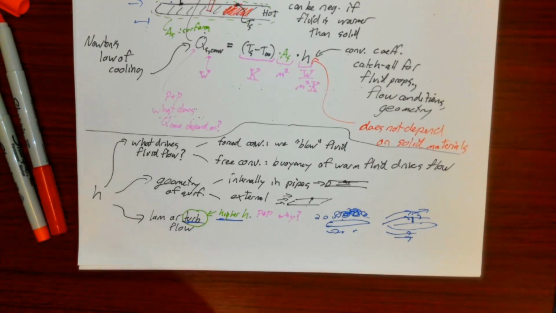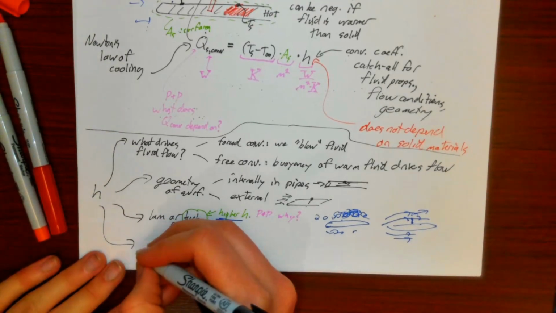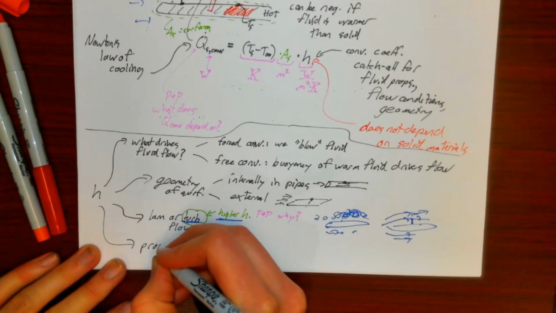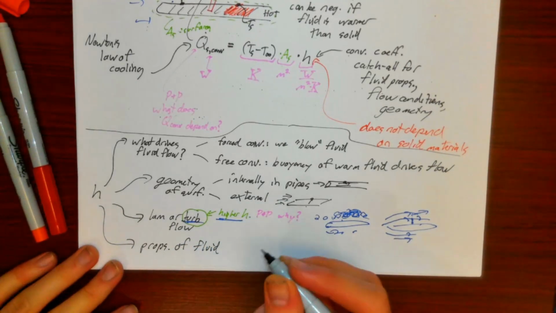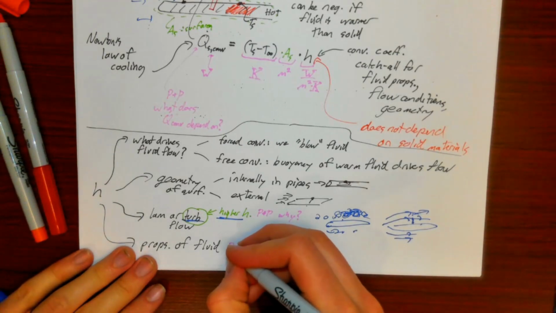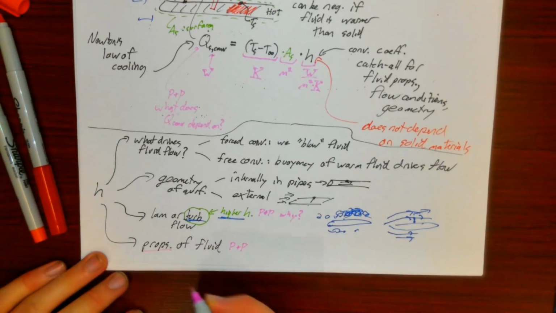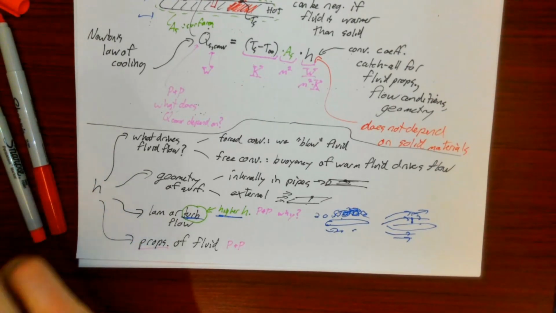And then finally, the last thing that H depends on is the properties of the fluid. So take a moment now, pause and ponder. Which properties of the fluid might be important, might factor into H?